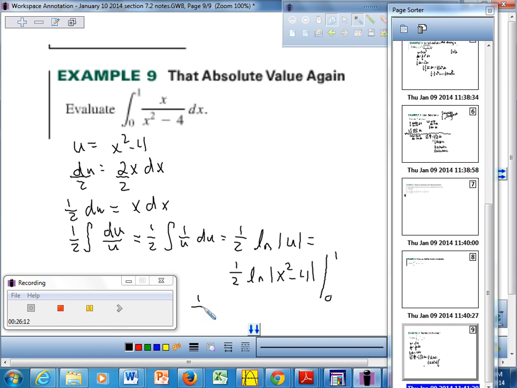So we'll have 1/2 the natural log of the absolute value of 1 minus 4 minus 1/2 the natural log of the absolute value of 0 minus 4. No plus C because it is definite.